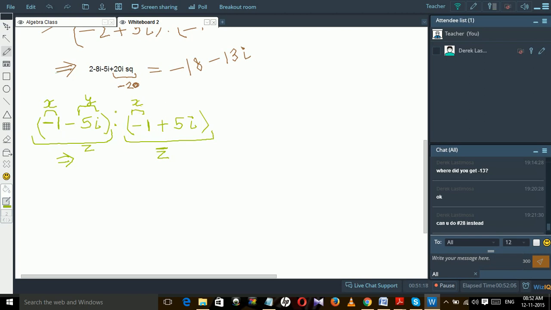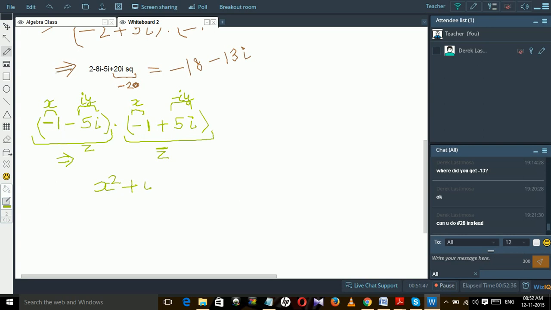Can you see, this is your x, this is your y, this is again your x, and in reference to that y, this is your minus y or iota y.